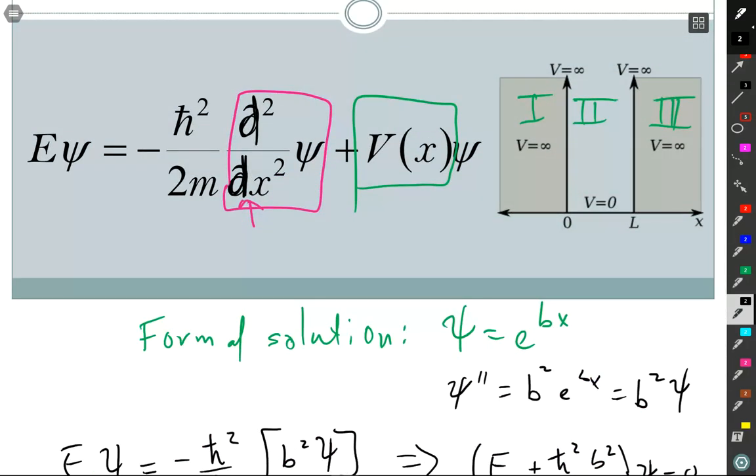And so our solution in region 2, psi subscript 2 equals A e to the ikx plus B e to the minus ikx.